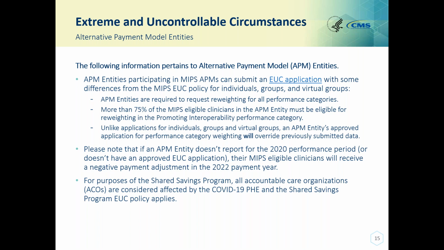More than 75% of MIPS eligible clinicians in the APM entity must be eligible for reweighting in the Promoting Interoperability performance category. And APM entities' approved application for performance category weighting will override previously submitted data. Also note that the extreme and uncontrollable circumstances application period ends on March 31st, 2021.